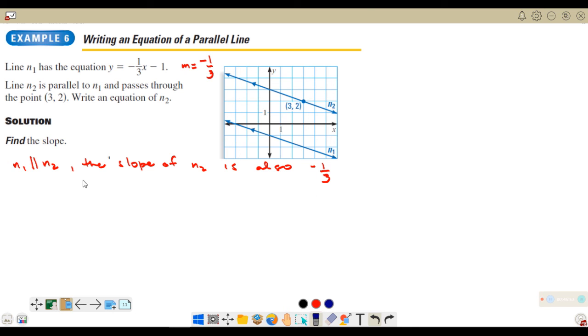So, pag sinulat natin siya sa y is equal to mx plus b, meron din tayong y is equal to negative 1/3 x plus b. Ang hahanapin na lang natin ay yung point kung saan dumaan si n sub 2.